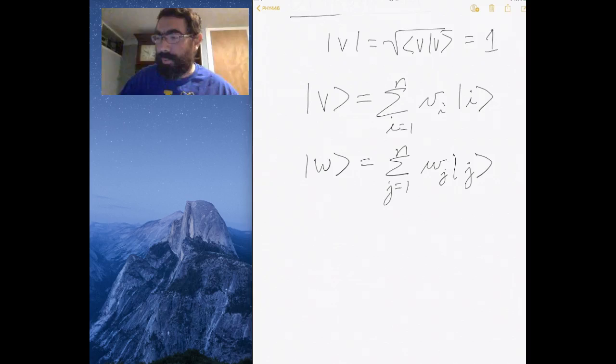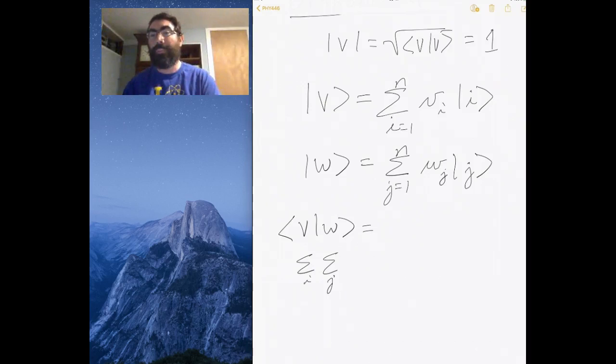Now if we find the inner product of v and w in terms of these basis vectors, what we have is a double sum. We sum over the i basis vectors and the j basis vectors, and we multiply by these components.